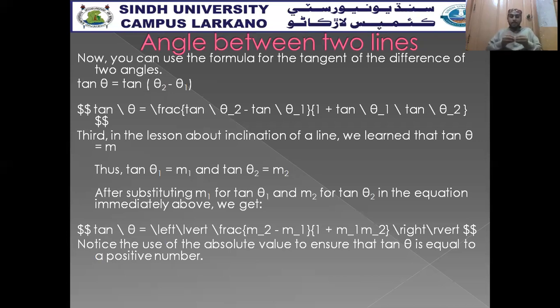After the substitution of m₁ for tan θ₁ and m₂ for tan θ₂ in the equation immediately above, we get tan θ is equal to the absolute value of (m₂ minus m₁) over (1 plus m₁m₂).